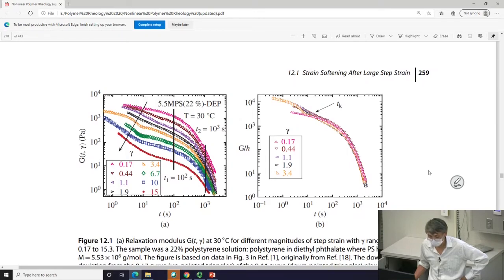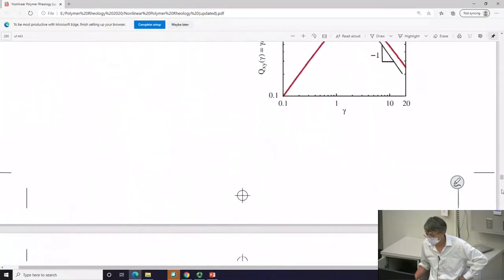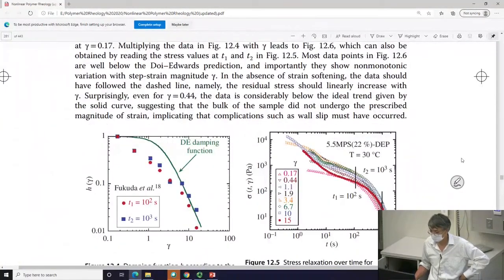Beautifully reproduced. It was presented as a function of G. As I promised you, the pink being linear response stays at the top, and these are different gammas, 1.1, 1.9, 3.4, 10, 15 of the G. You multiply that G with gamma, of course you get this curve.